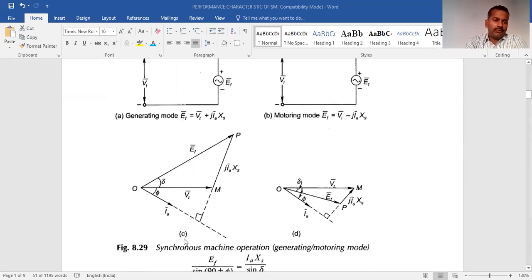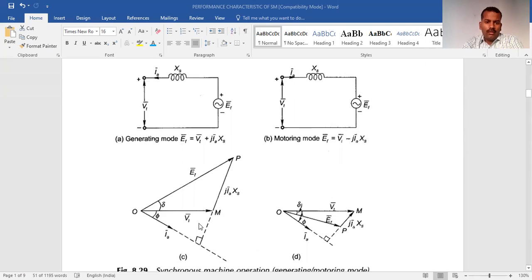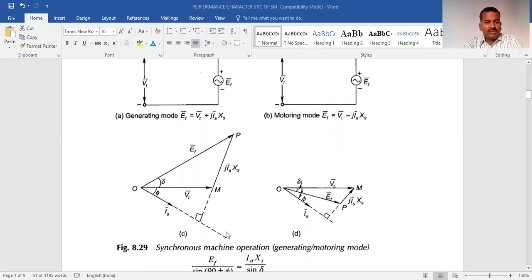If we draw a phasor diagram of the synchronous machine, first this is the diagram for the lagging mode, and this is the diagram for the leading mode. Here the armature current Ia is lagging by angle phi, and this Ef leads the reference terminal voltage Vt by angle delta.